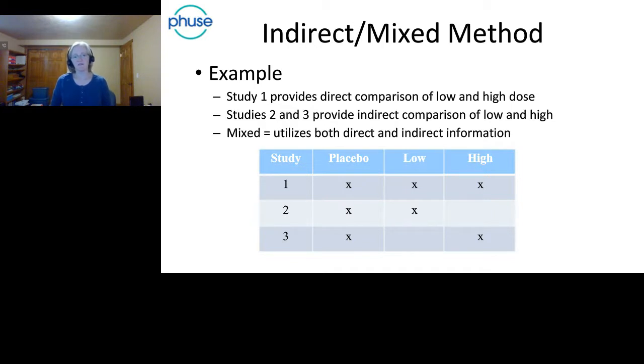One study compares placebo with low, another compares placebo with high. So these two studies together provide an indirect comparison of low and high dose. That's what the word indirect means. And mixed means you're utilizing both direct and indirect information in order to look at dose relationship.